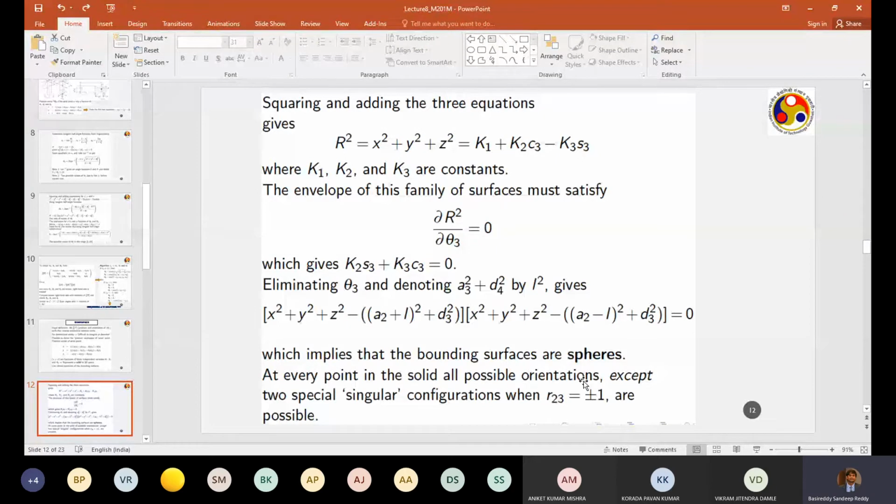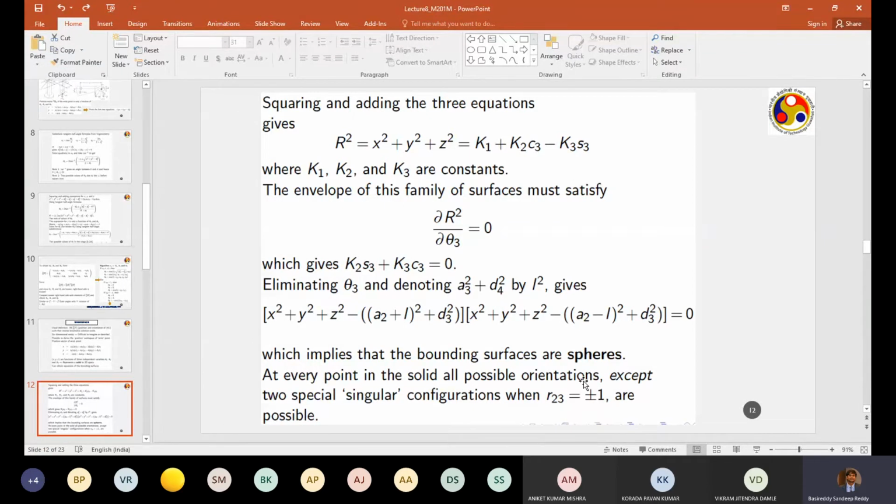There are some very special configurations, especially for bigger robots with more degrees of freedom, where if you change the values of theta, it will not have any effect on the position and orientation, that is x, y, z. These are recognized as singular configurations. They are known as kinematic singularities.